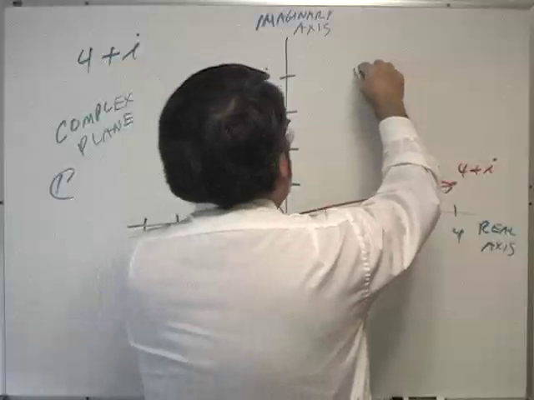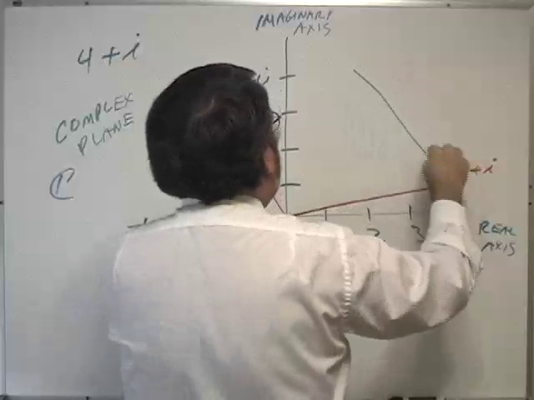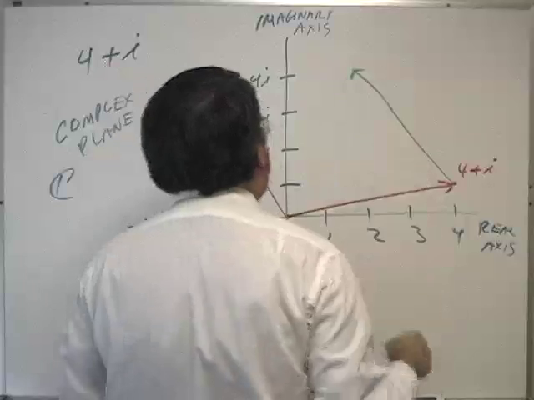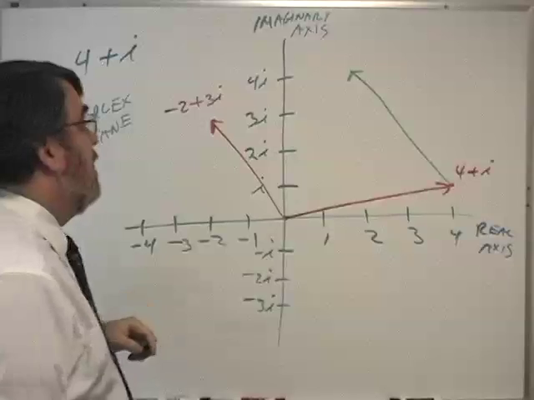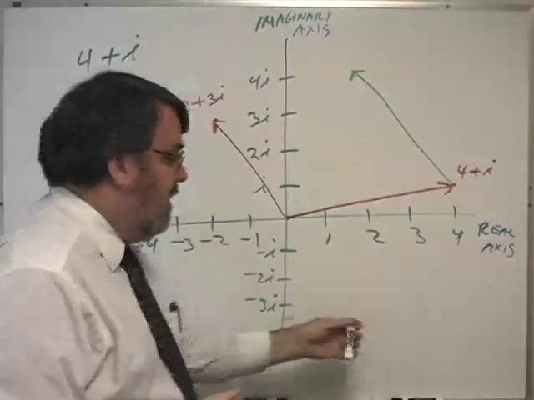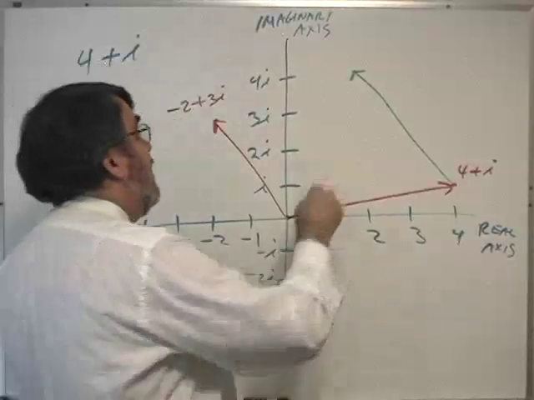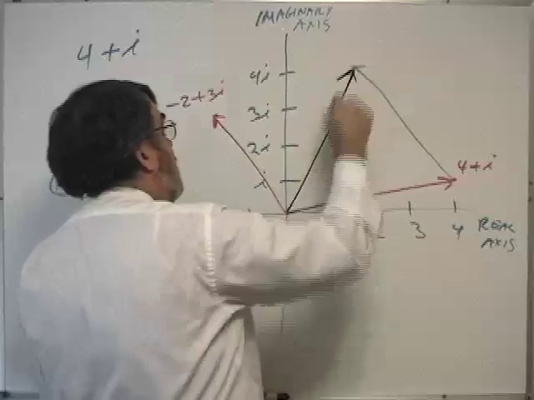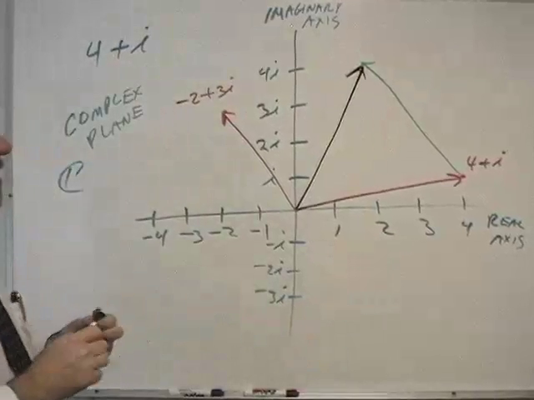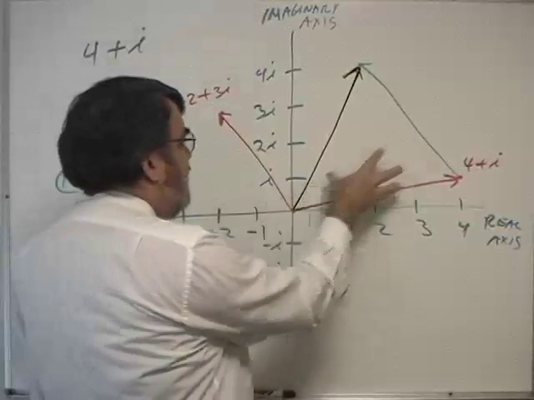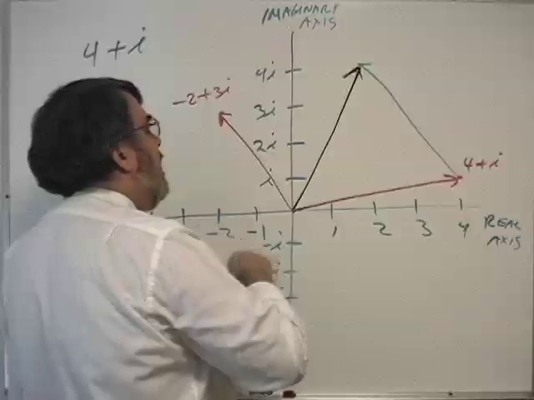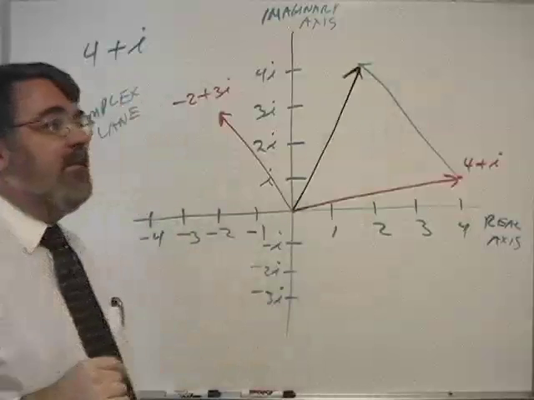I want to try to do this precisely. Well, that's close enough. So if I slide this arrow over to here and connect these vectors, I get a third vector. It turns out there's a neat geometry here. This is called an addition of vectors, and this is the resultant vector.